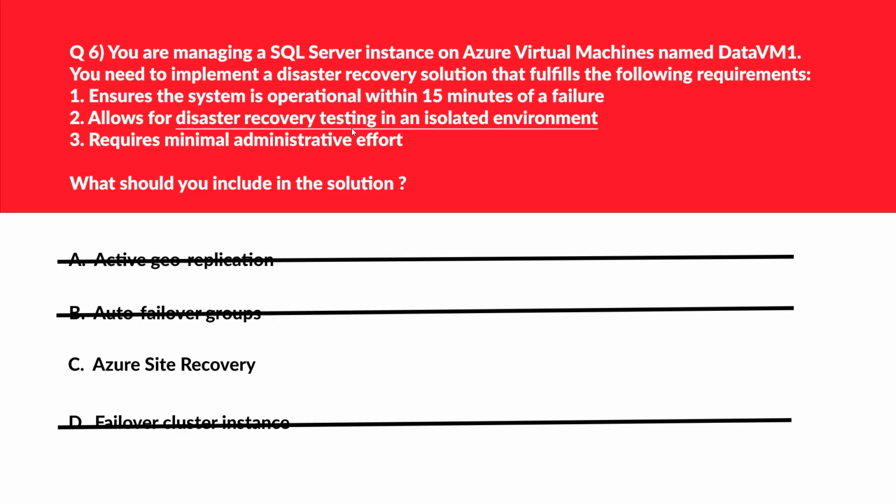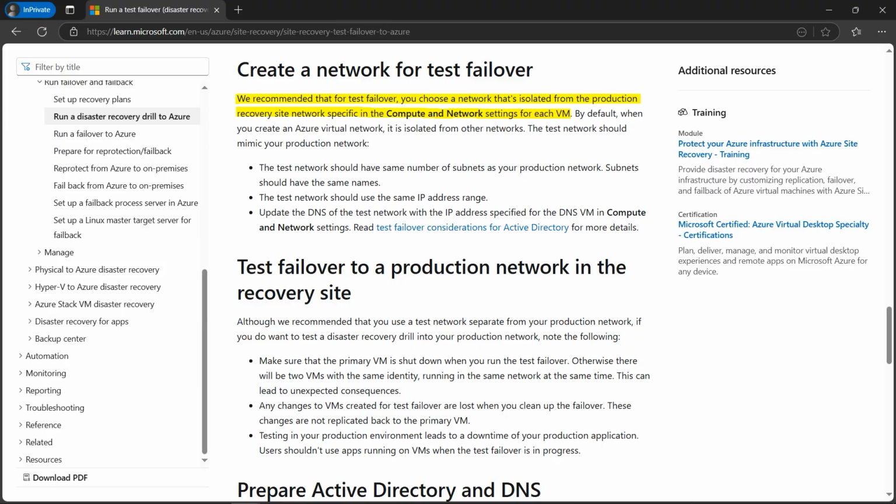So these 3 are out. We are only left with Azure Site Recovery. Site Recovery allows for disaster recovery testing in an isolated environment, ensuring the system is operational within 15 minutes, and also minimizes the administrative overhead. Since it meets all these points 1, 2 and 3, and if we look at the official documentation, it's recommended.